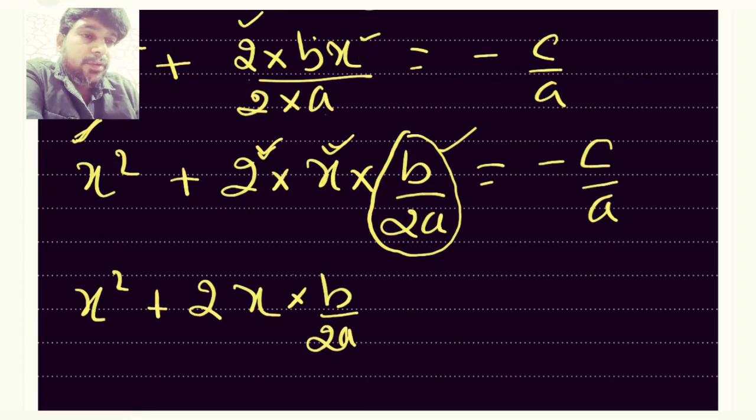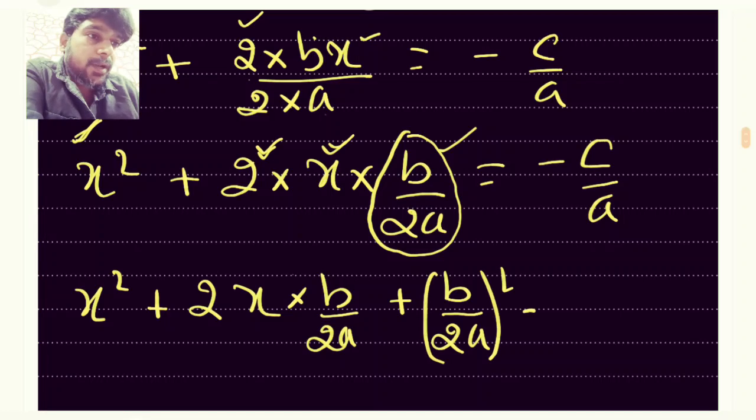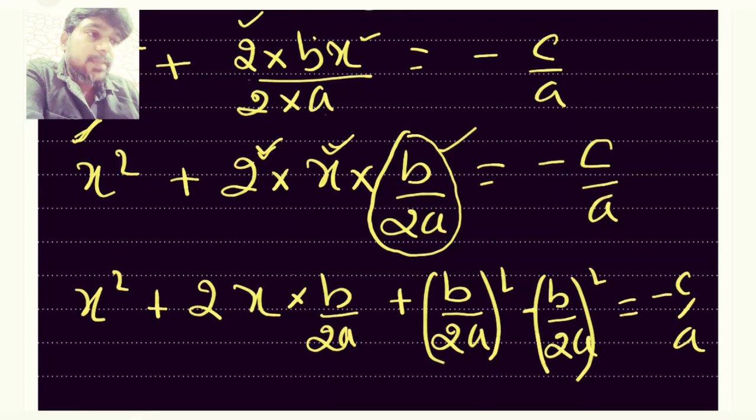What we are going to do, we are going to add b upon 2a whole square, and we are going to subtract b upon 2a whole square, and that is equal to minus c upon a. Is it clear? I hope it is clear till here. This is minus. Is it clear? I hope this is clear, right?